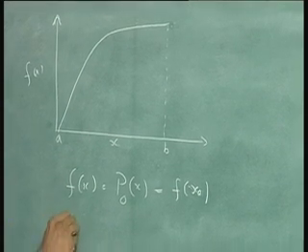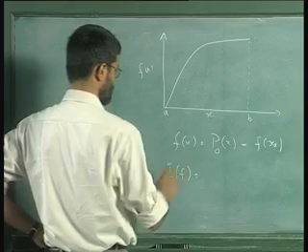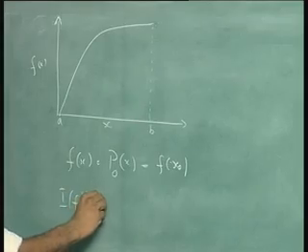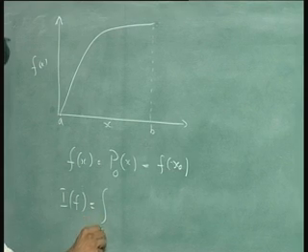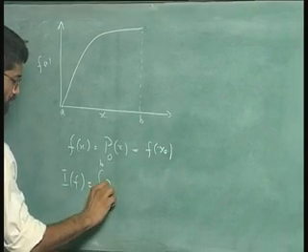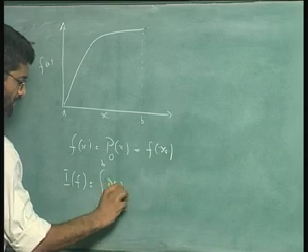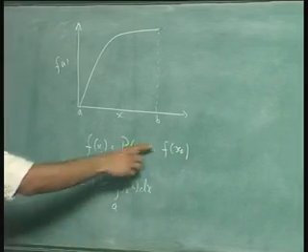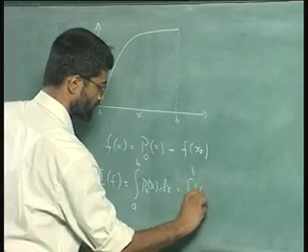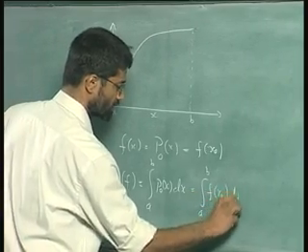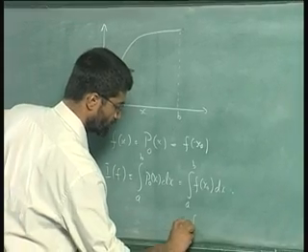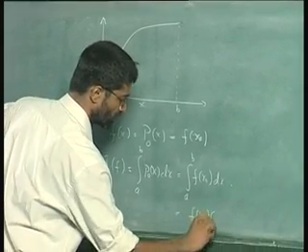Okay, so what will be the integral of this function? So I of f between the limits a to b is integral a to b of p of x, where p of x will be p0 of x dx. So p0 of x is just f of x0, so that is integral a to b f of x0 dx. So that will be simply f of x0 into b minus a.